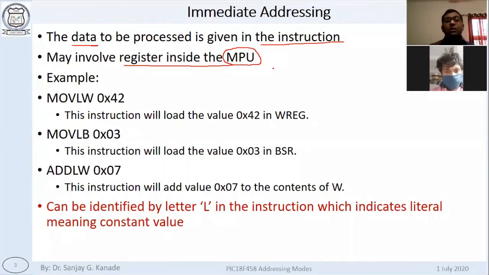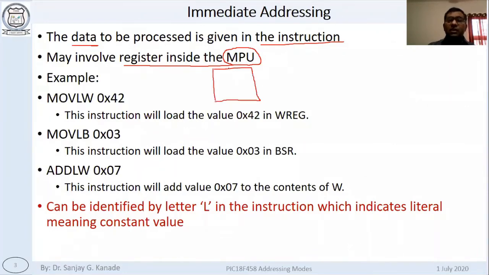If you remember the diagram that I have always been talking about, on one side it was something like this. Here was written MPU, there was some ALU, some registers, and then there were buses, and there was one program memory, and there was another RAM, right?